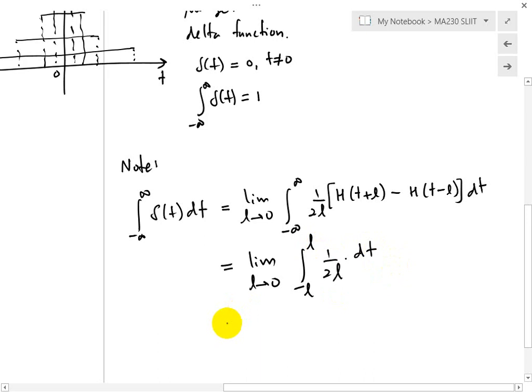Okay, so if you do this integration with respect to t, L minus minus L becomes 2L, so if you cancel 2L with 2L, this is just 1. So the limit as L approaches 0 is just 1.